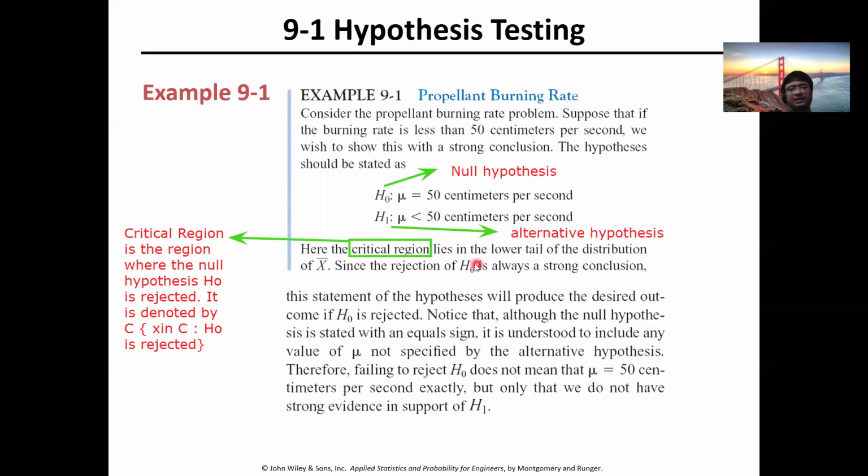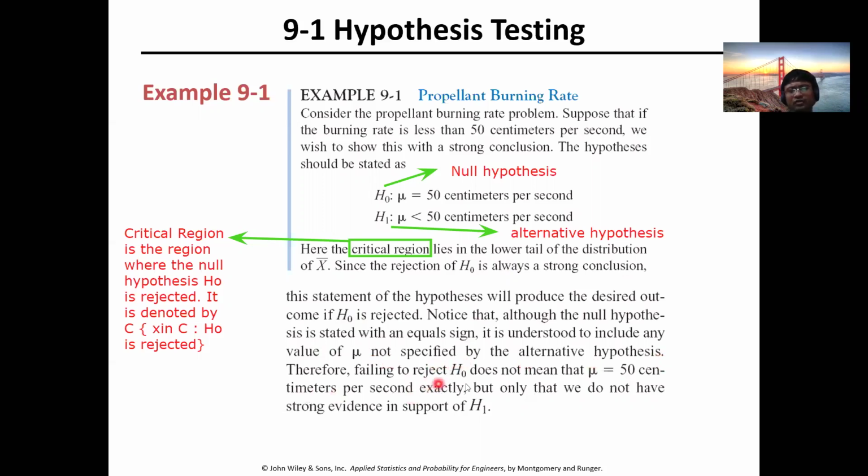Here the critical region lies in the lower tail of the distribution of X bar, since rejecting H0 is always a strong conclusion. So the value of mu is specified by the alternative hypothesis.